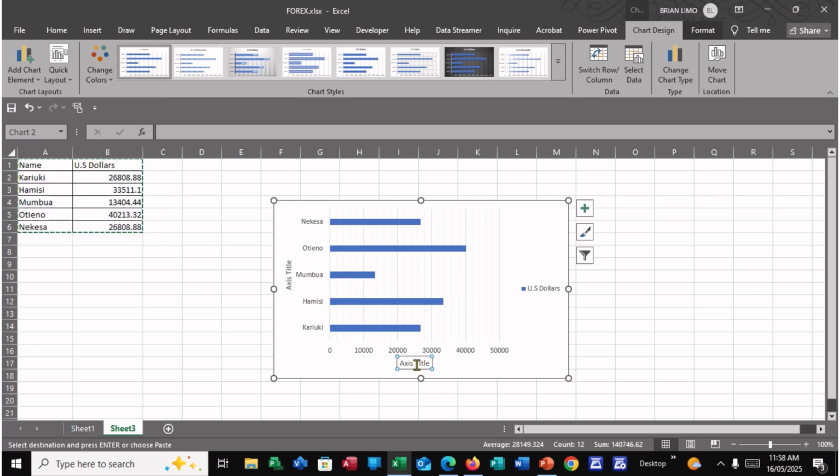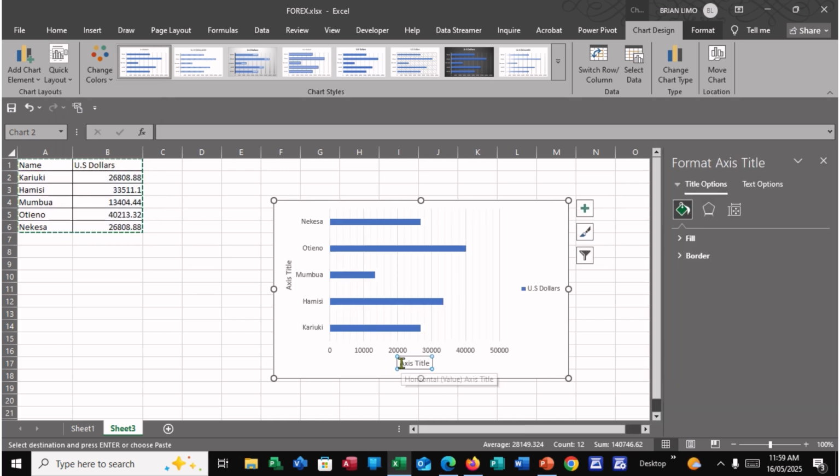This one is buying price, then this one I label to be names, like that.